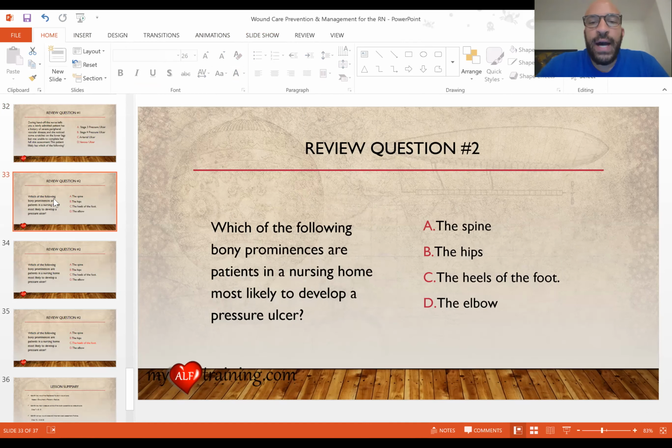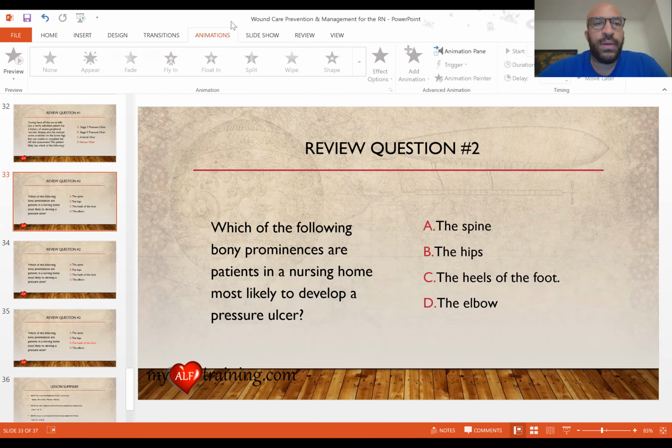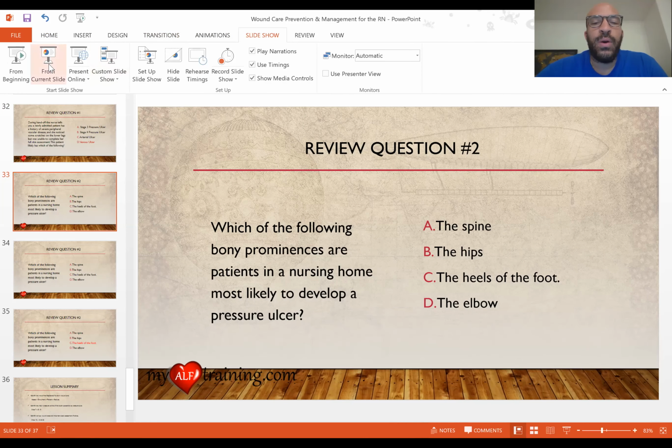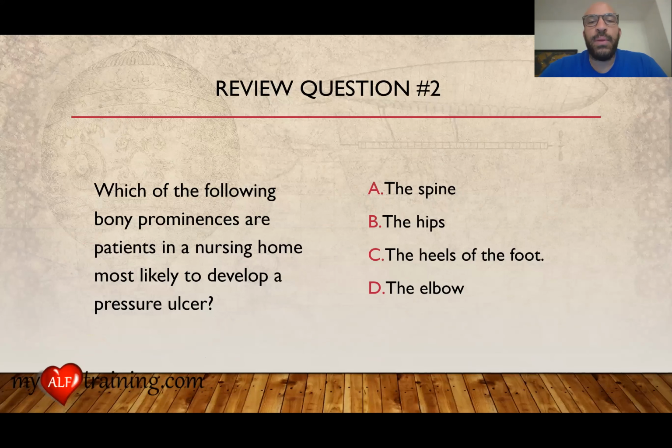Which of the following bony prominences are patients in a nursing home most likely to develop a pressure ulcer? So if a patient is in a nursing home, which of the following bony prominences is the patient most likely to develop a pressure ulcer?